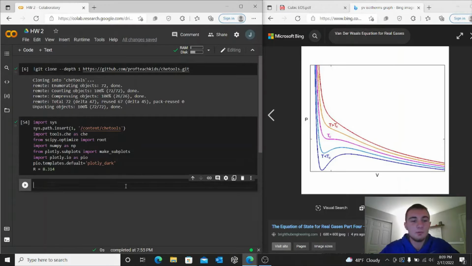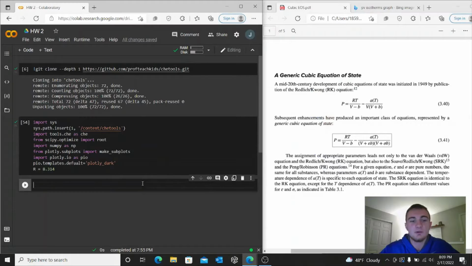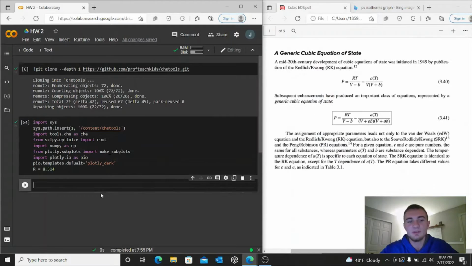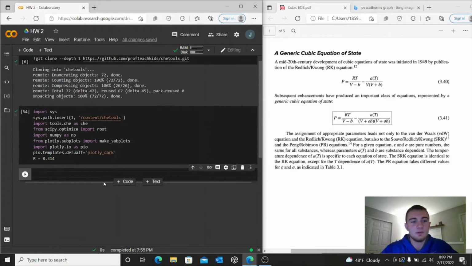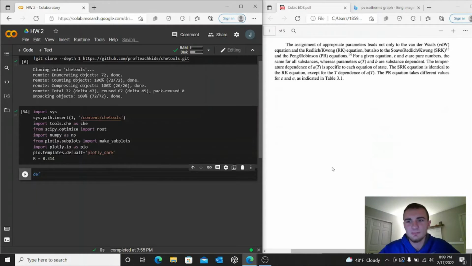So we'll go ahead, and what we're going to do here is code in our equation for the SRK equation, and then make a plot with isothermic curves from that SRK equation. The first thing that we have to do is define a function that will return our parameters for the SRK equation.